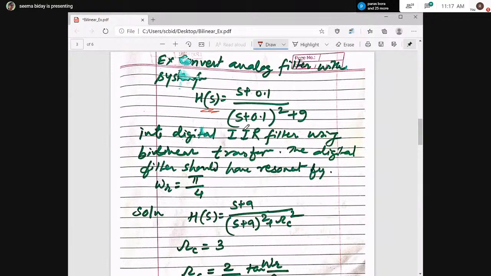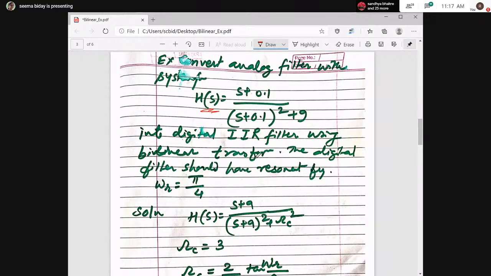The Z transform is used in discrete time systems, while the Laplace transform is used in continuous time systems, right?